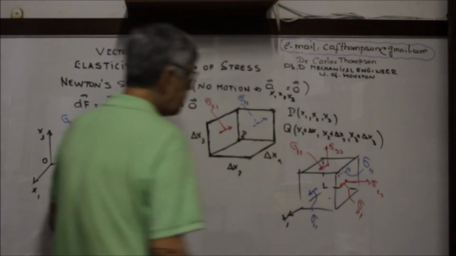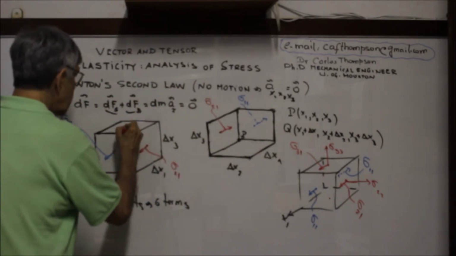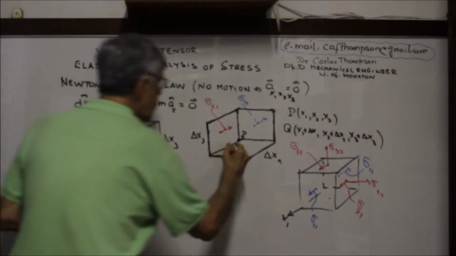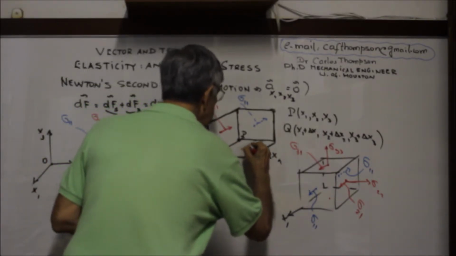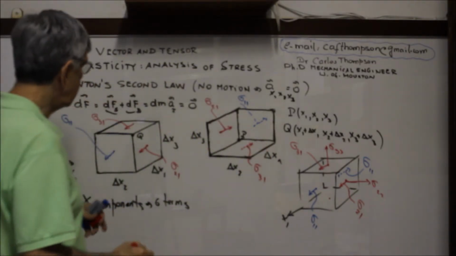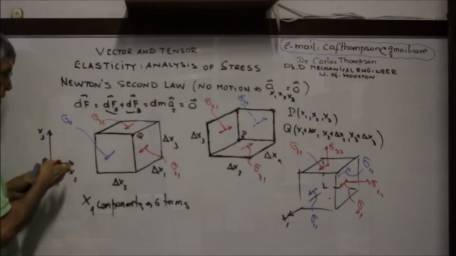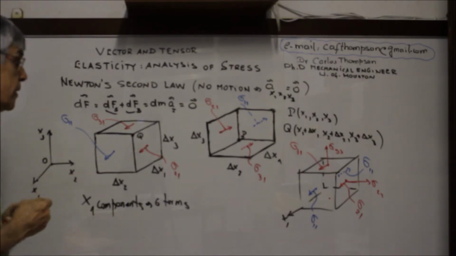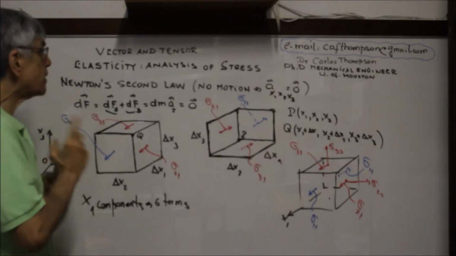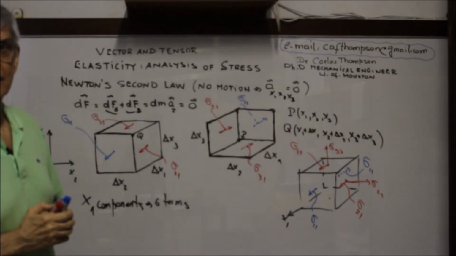Now, on the bottom it will be just the opposite, sigma 3,1. Now we already have six terms. But you know that the stress is not force.